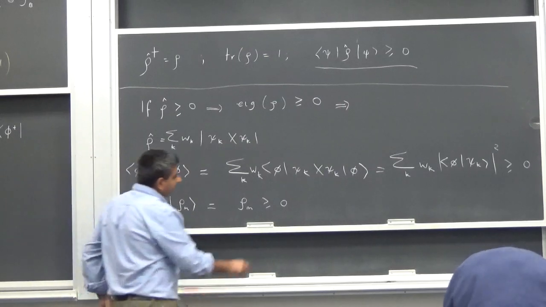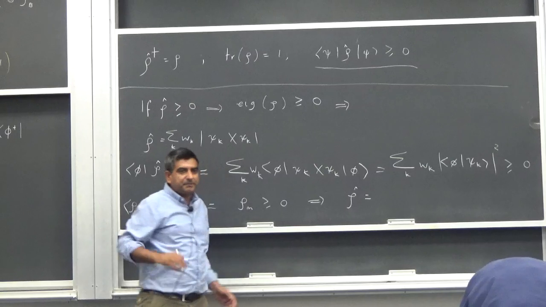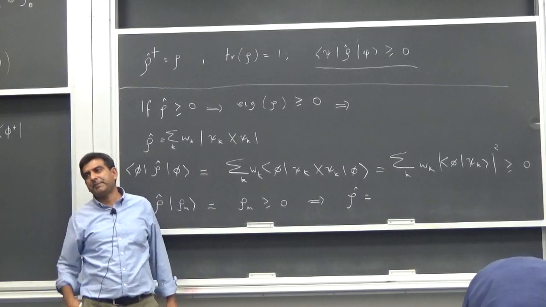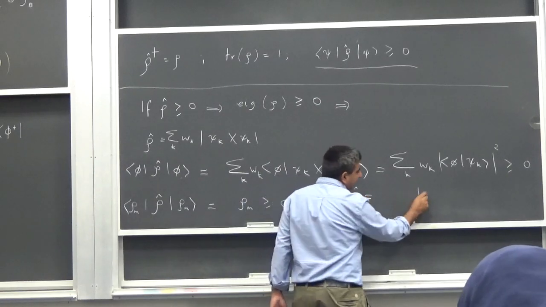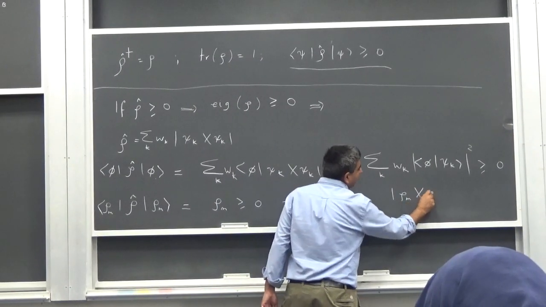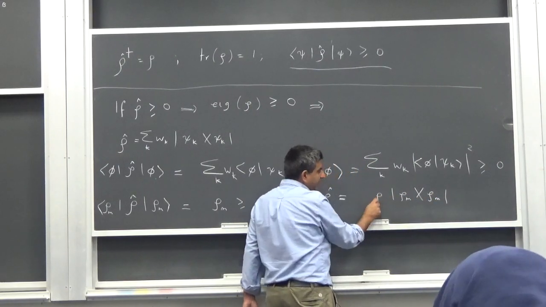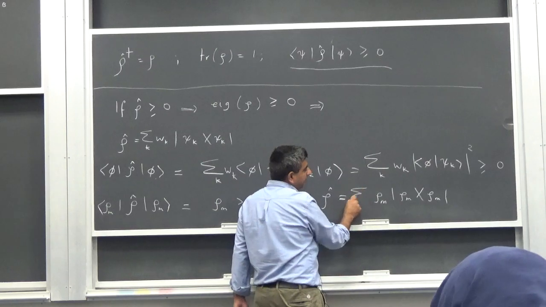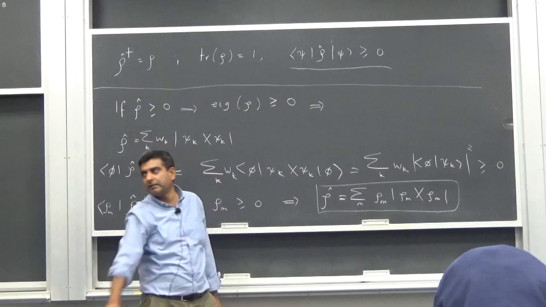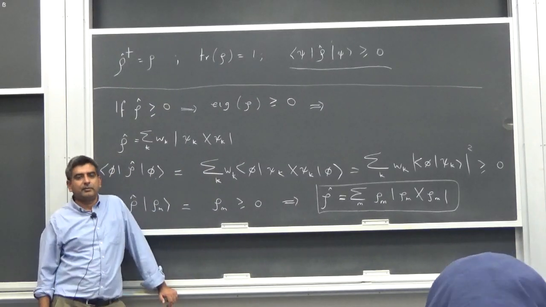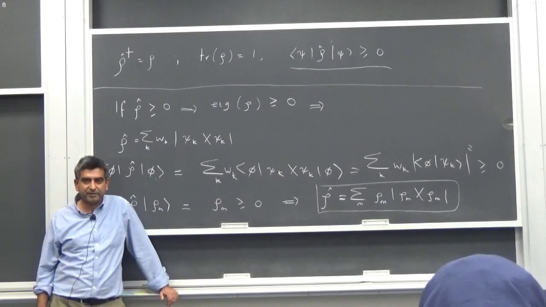This also means that the density operator, like any Hermitian operator, can be spectrally decomposed. Spectral decomposition means that this operator can be written as a sum of outer products formed from the eigenvectors weighted by the eigenvalues, summed over m. Got it? So that's why we can always write a density operator in this fashion.